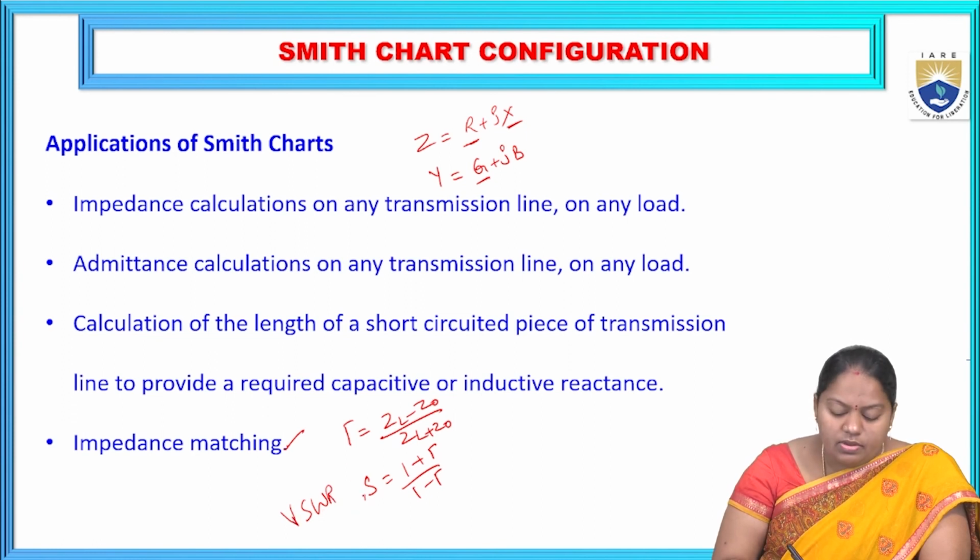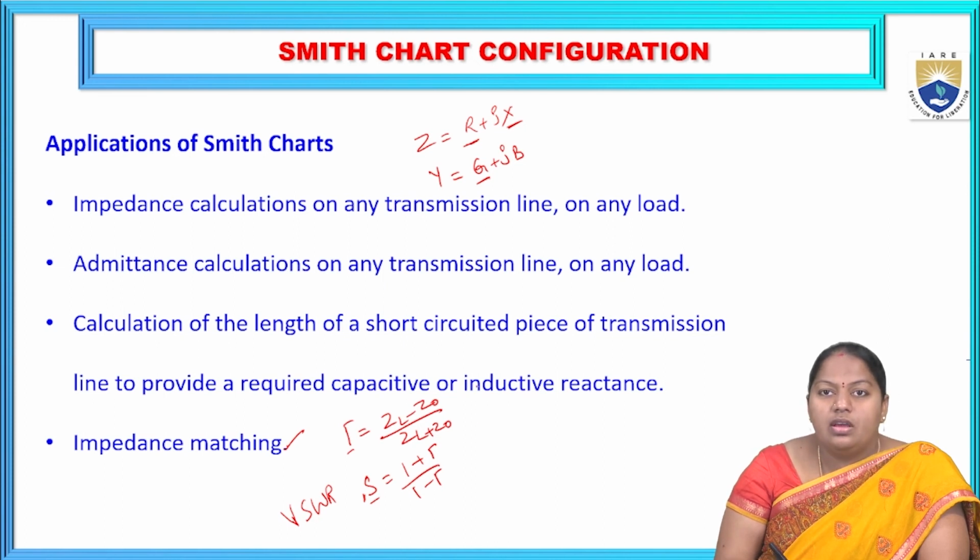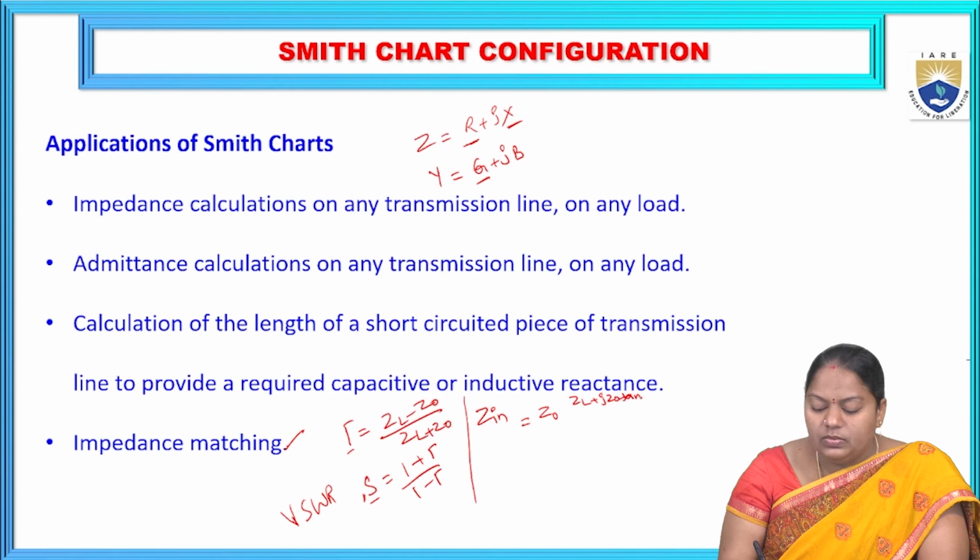Along with the reflection coefficient and standing wave ratio, we need to identify the input impedance of a lossy or lossless transmission line, that is Zin equals Z0 into (ZL plus jZ0 tanh gamma L) by (Z0 plus jZL tanh gamma L).